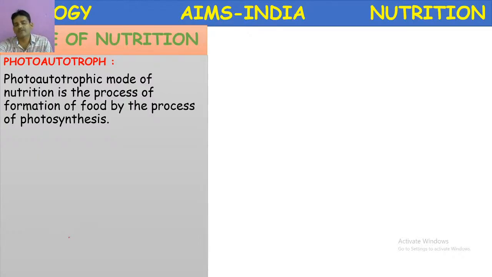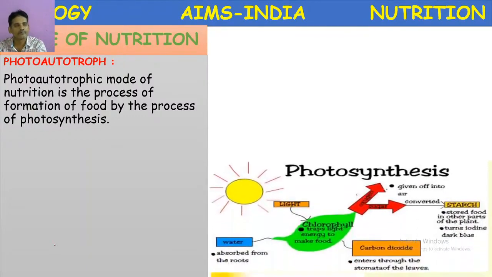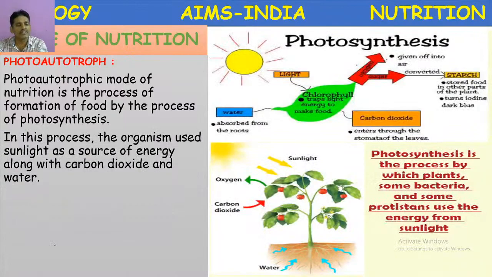The process of formation of food takes place by a process called photosynthesis. In this process, the organism uses mainly sunlight as a source of energy along with carbon dioxide and water. These are the main raw materials.